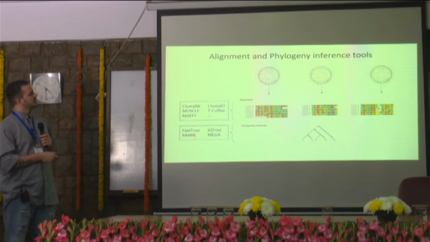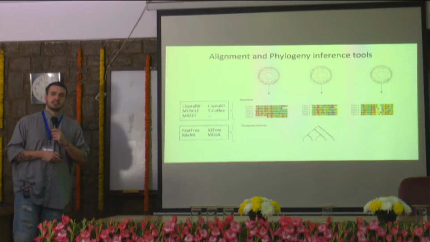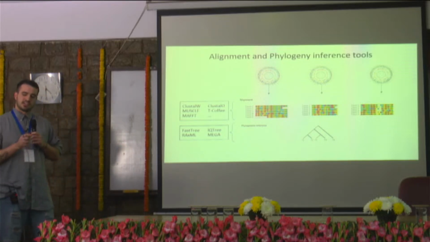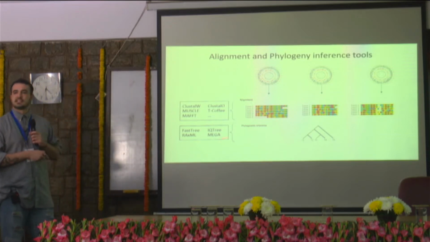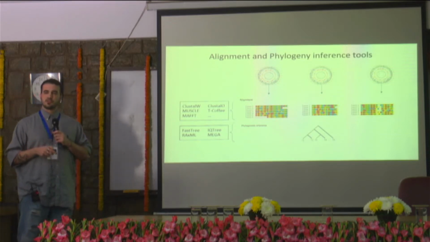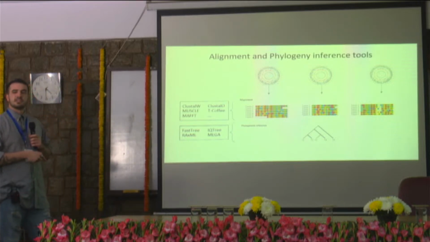But other ones, for example RAxML, are the most accurate. So if you want to make a small but really accurate tree, you will choose this one instead of FastTree. Sometimes you can even combine them. For the first step, you can use FastTree, and then refine it and make it more accurate with other tools.